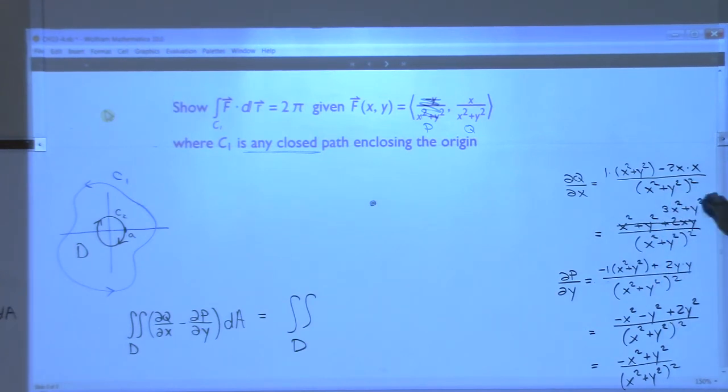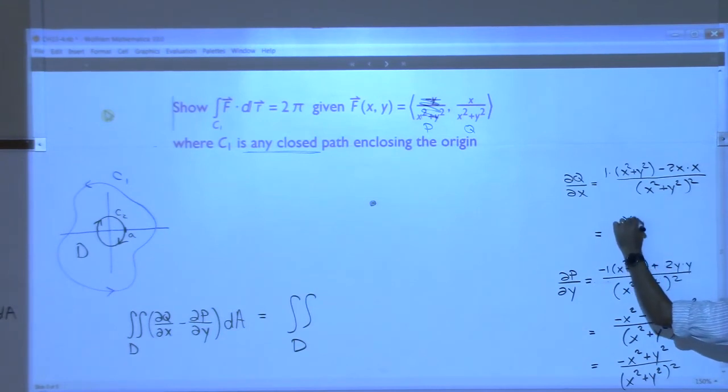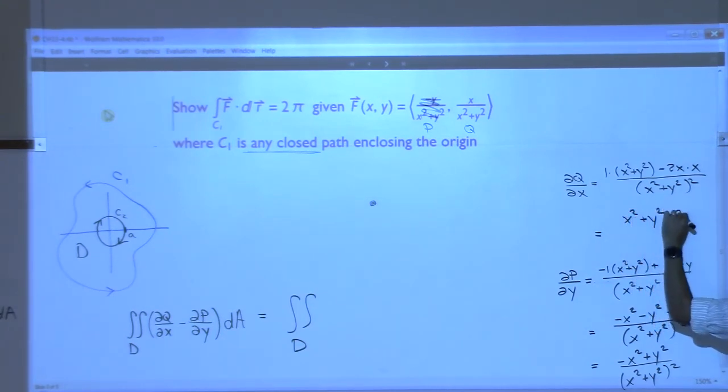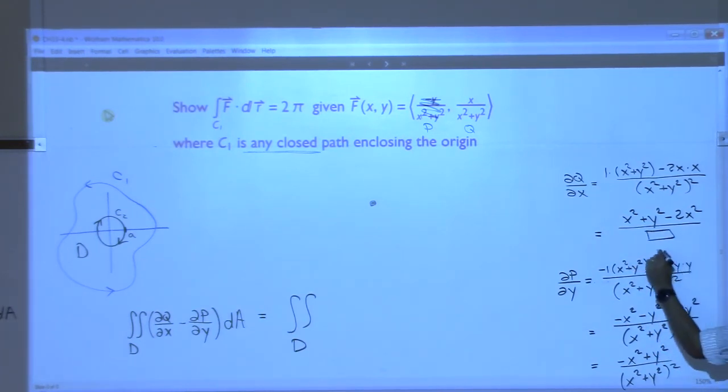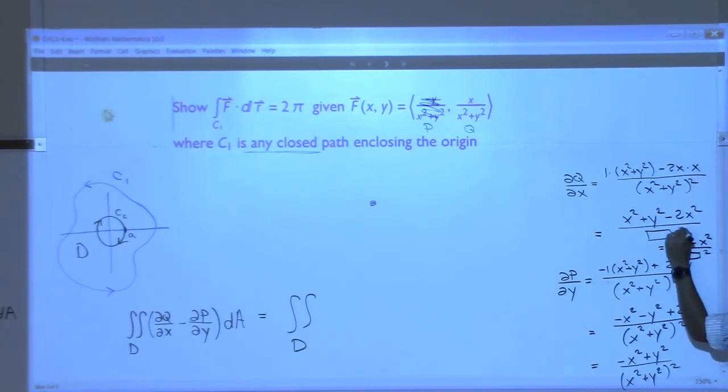Now, cleaning that up, you get x squared plus y squared minus 2x squared all over the denominator. And then the next line would be y squared minus x squared over the denominator squared, right?